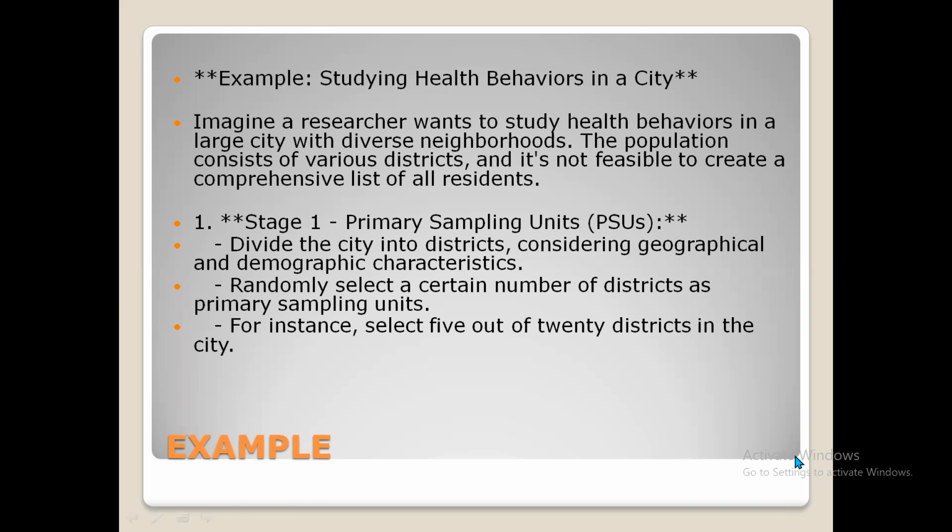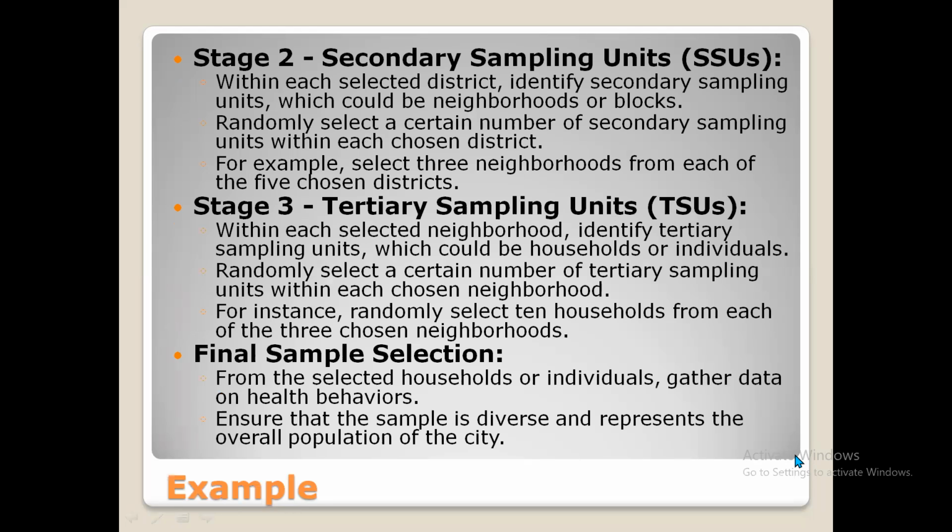That's the first stage. Then at the second stage, known as secondary sampling units, within each selected district, you identify secondary sampling units, which could be neighborhoods or blocks. Randomly select a certain number of secondary sampling units within each chosen district. For example, you select 3 neighborhoods from each of the 5 chosen districts. You move to the next stage, tertiary sampling units.